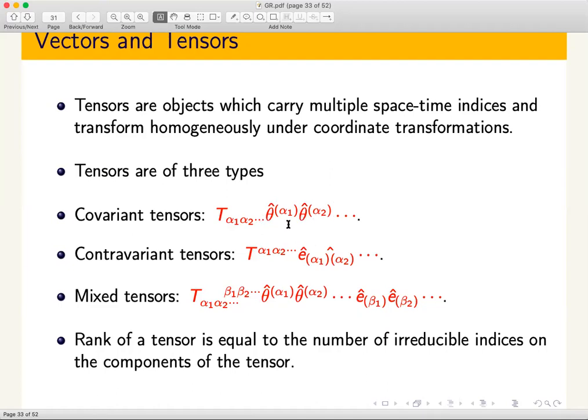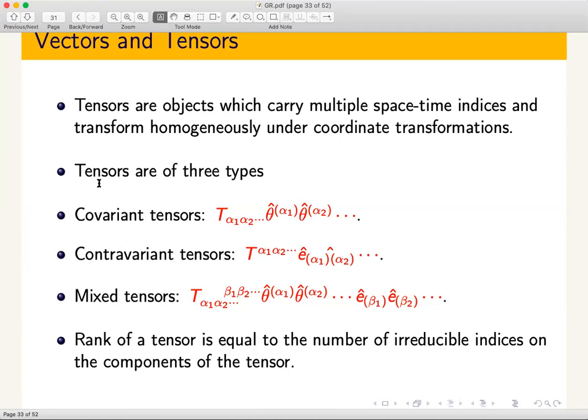Given a covariant tensor defined this way with subscript indices alpha 1, alpha 2, and so on, it could of course have only one subscript index, namely alpha 1, multiplied by theta hat alpha 1, with no theta hat alpha 2 onwards. That is a well-defined tensor carrying only a single index, which we would call a covariant vector, a vector which belongs to the cotangent space.